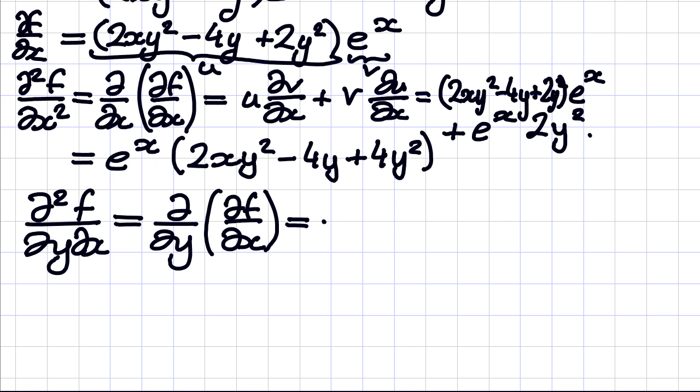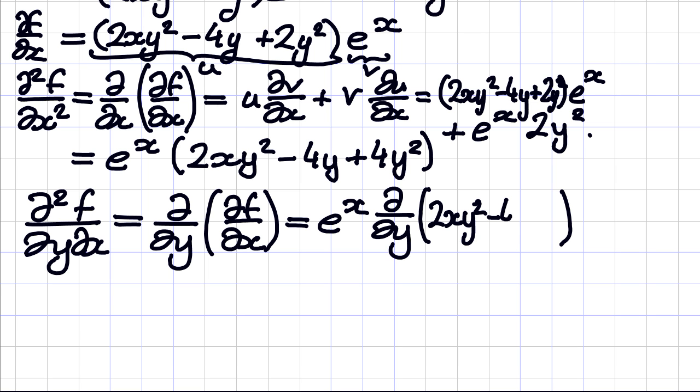So e to the x I now treat as a constant, and I take the y derivative of my u, 2xy squared minus 4y plus 2y squared. So that's e to the x.